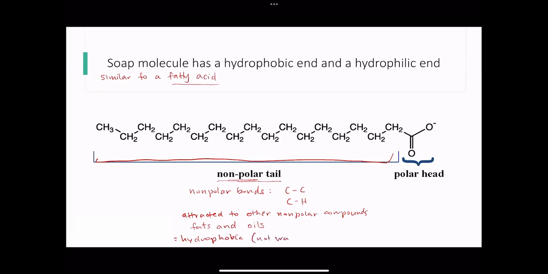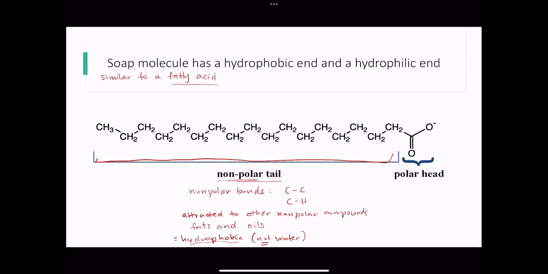That's what fats and oils are, the exact opposite of water as far as attractions. So this is the hydrophobic end, the nonpolar tail, and it will be attracted to fats and oils on your skin, but also wants to get away from water.